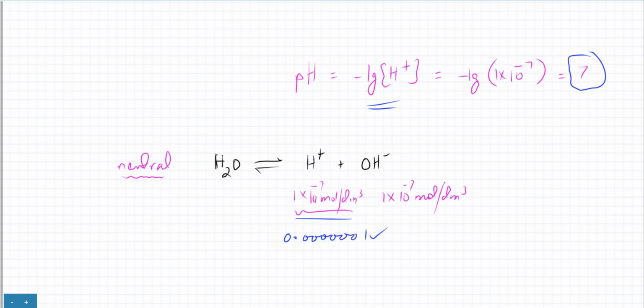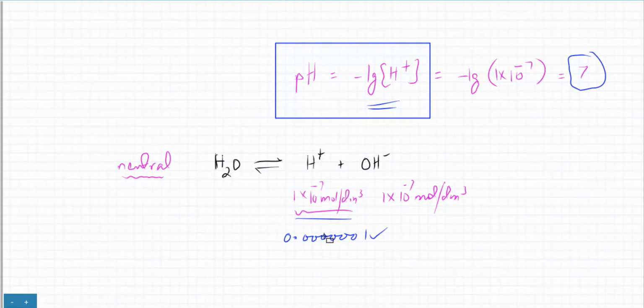Which is why you use the log of H plus concentration, and the negative sign is just to get rid of the negative sign, because this is going to be 10 to the power minus 7. So the value should have come out to be minus 7. You don't want to deal with the negative term, so you just multiply the thing by negative.